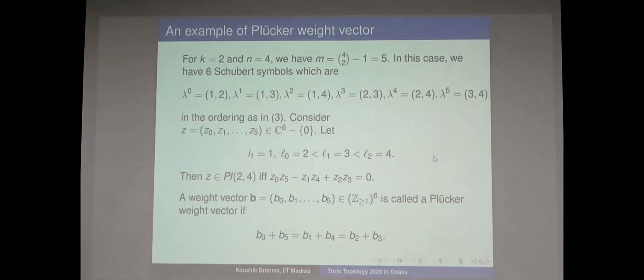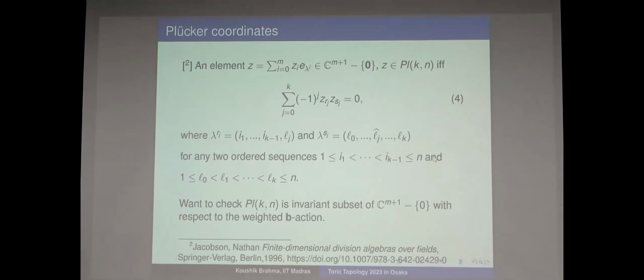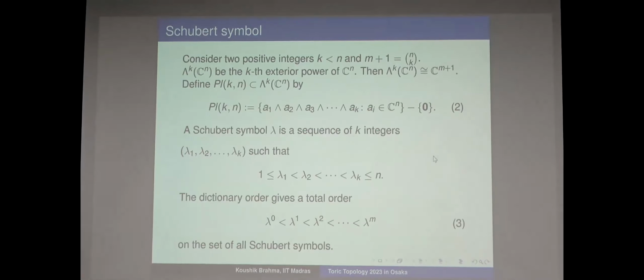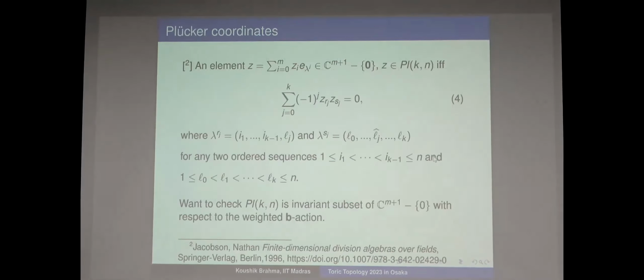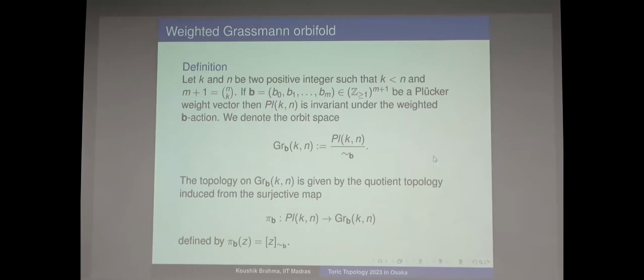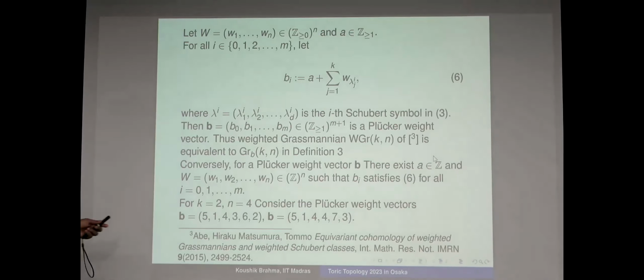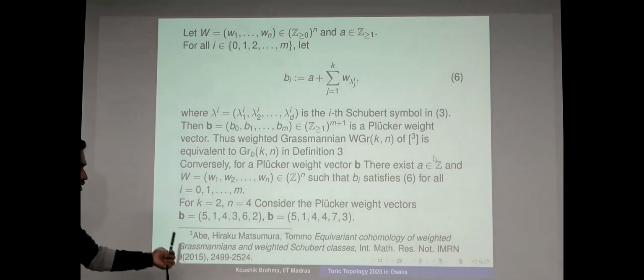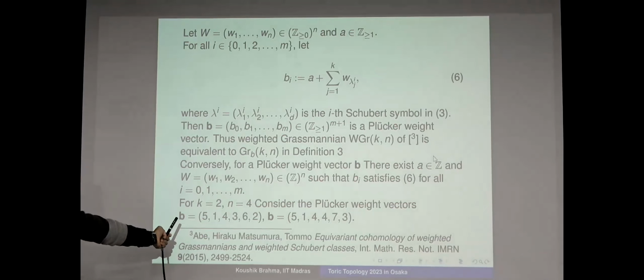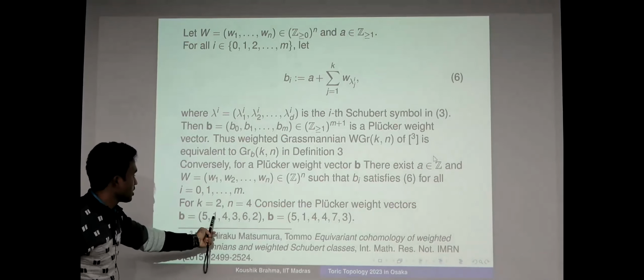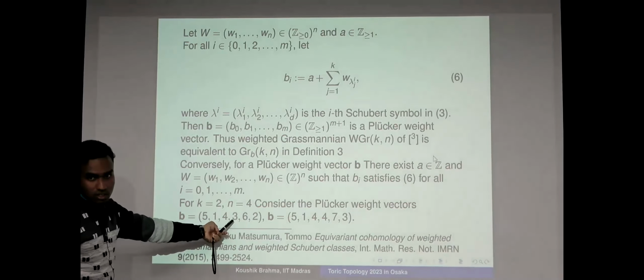Because if you look at, okay, maybe the next slide. Yeah, if you look at this vector, 5, 1, 4, 3, 6, 2, this is a Fluker vector. You can check 5 plus 2 equals 7, 6 plus 1 equals 7, 4 plus 3 equals 7.